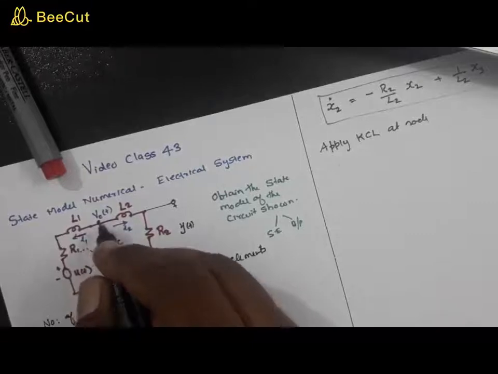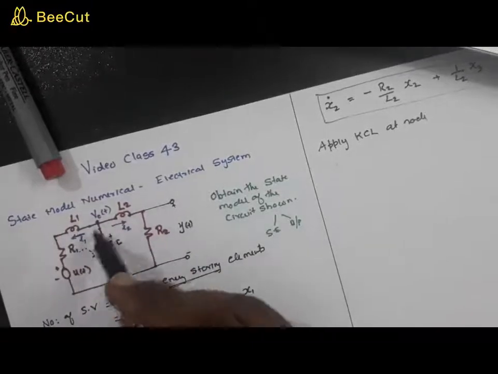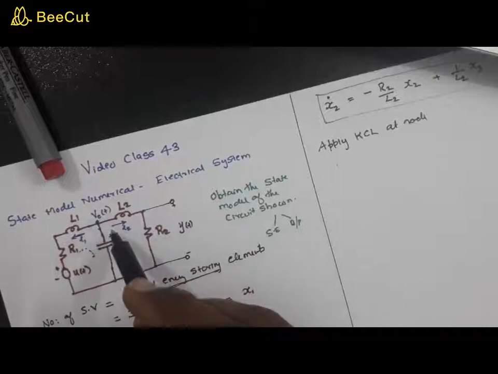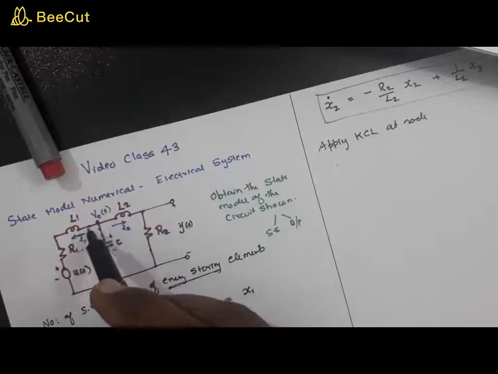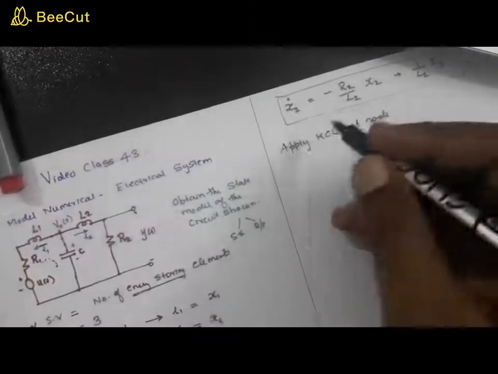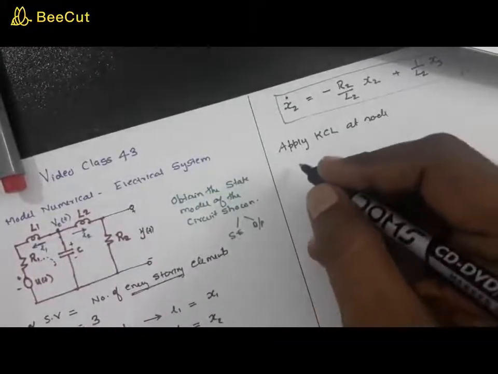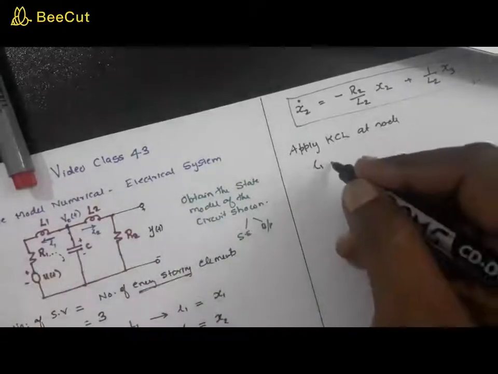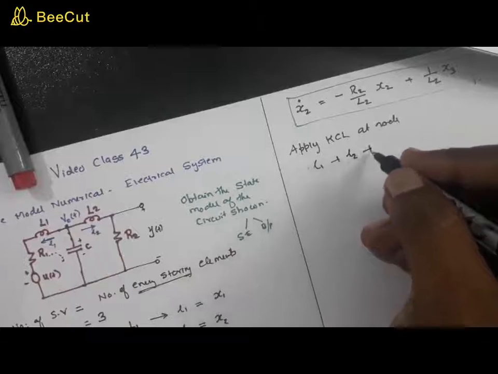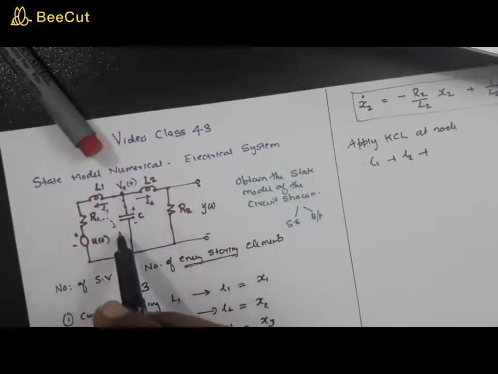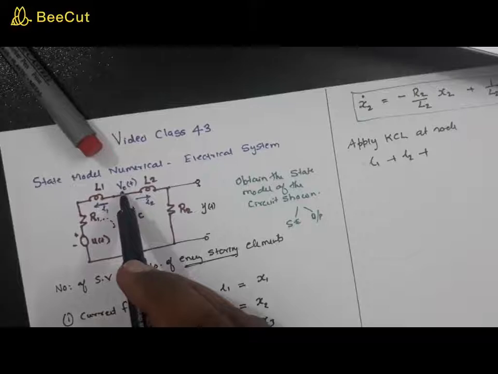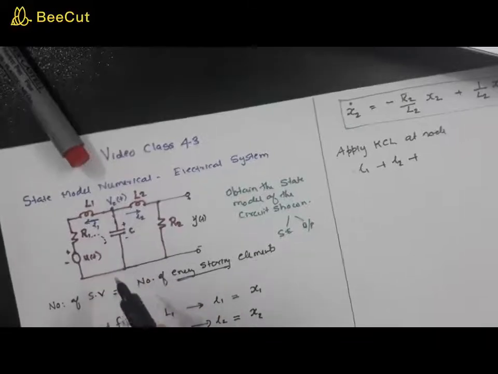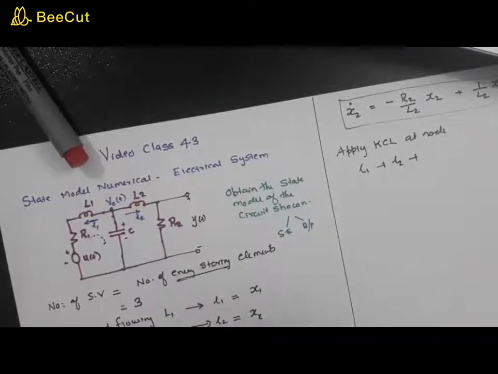From this figure, since there is no current source directly connected to this node, all these currents can be taken as outgoing currents. So the net current is equal to 0. This is I1, this is I2, plus the current that flows through the capacitance. How will you find that?